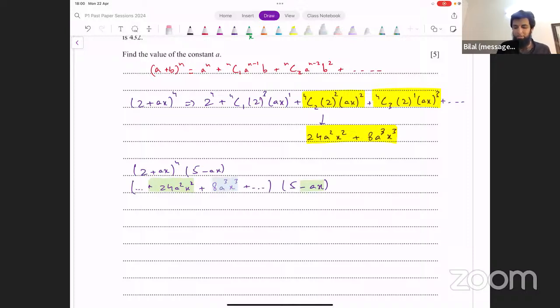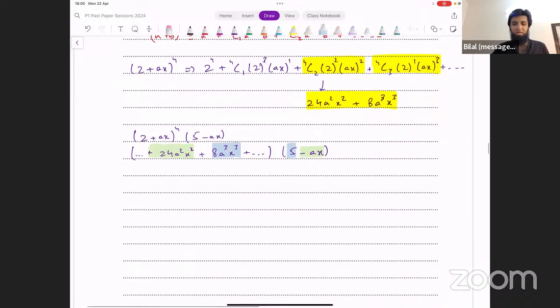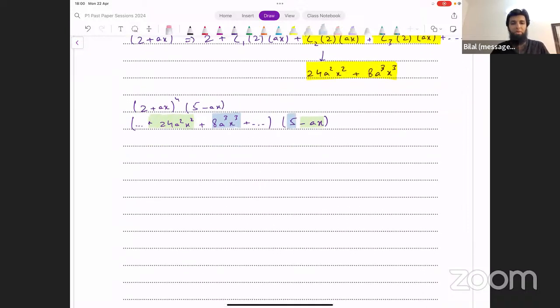And you can multiply the other term by the constant and forget about the rest of the multiplication. You can do the full multiplication if you want, but to make it more efficient, you can just multiply these two corresponding terms. So that gives you 24a squared x squared multiplied by minus ax plus 8a cubed into x cubed multiplied by 5. Let's simplify this.